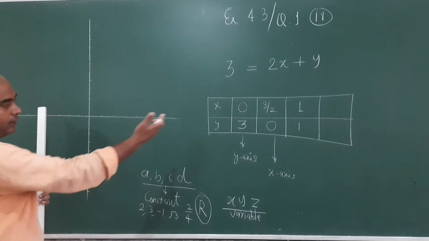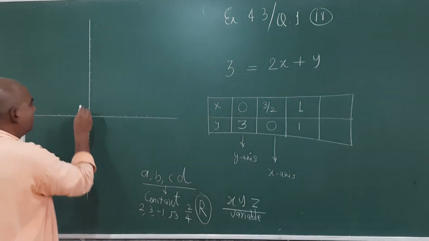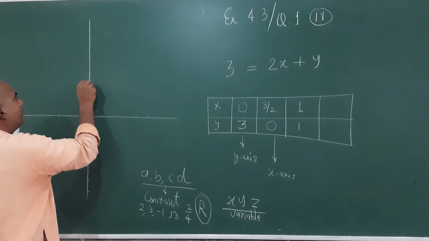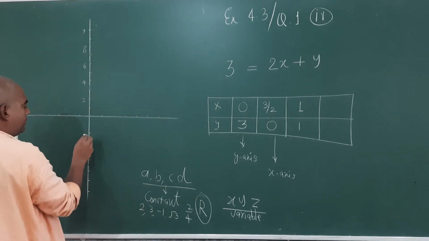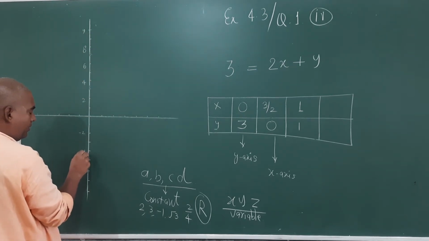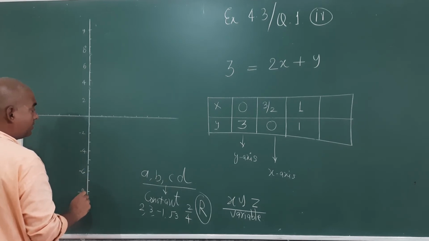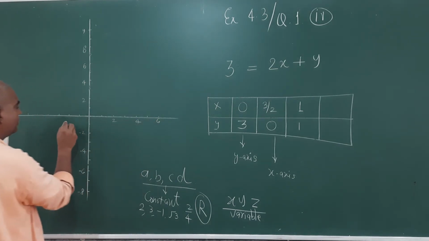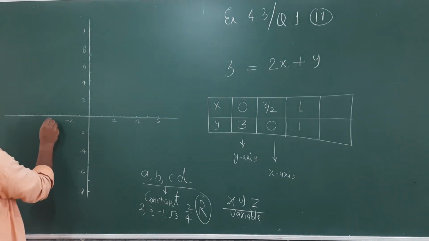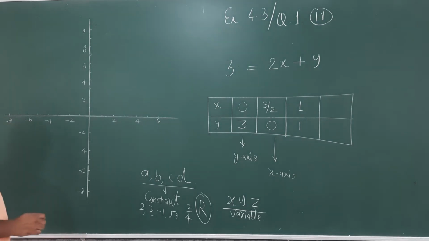So come on, it's very easy to draw. x equal to 0, y equals 3, and this is 2, 4, 6, 8, like that. This is minus 2, minus 4, minus 6, minus 8, like that.